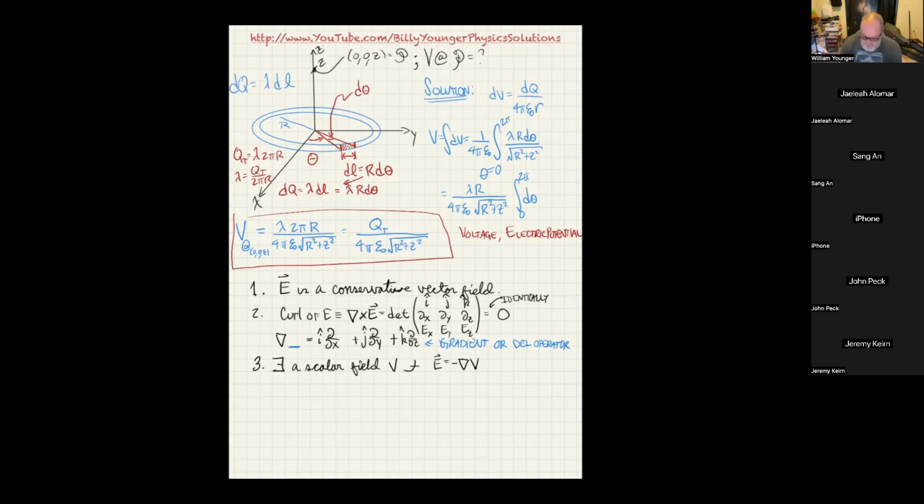So for instance, because of this, you have another fact, and that is the integral from A to B of E dot dl, which I think you recognize is sort of like a work thing.